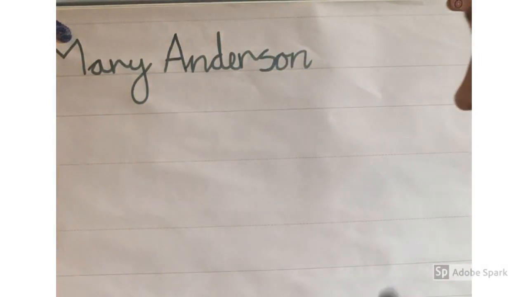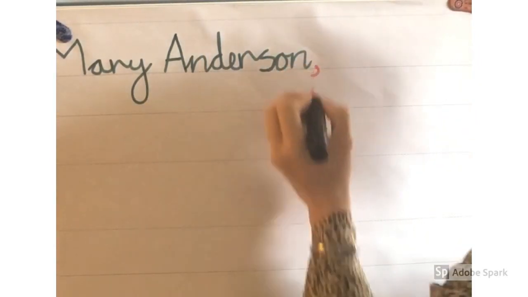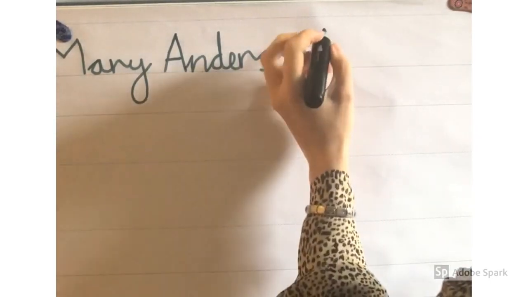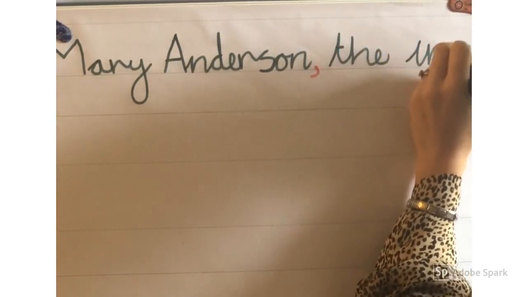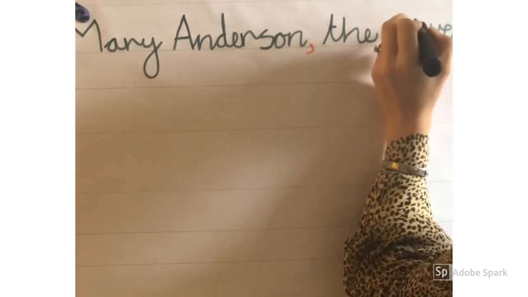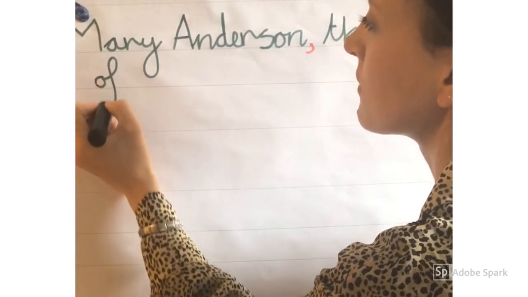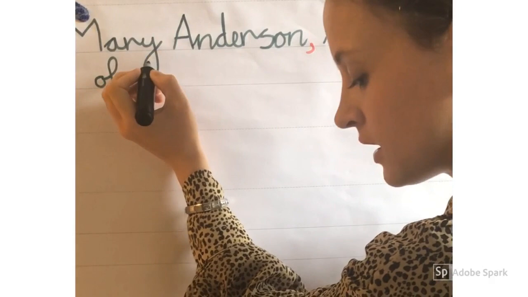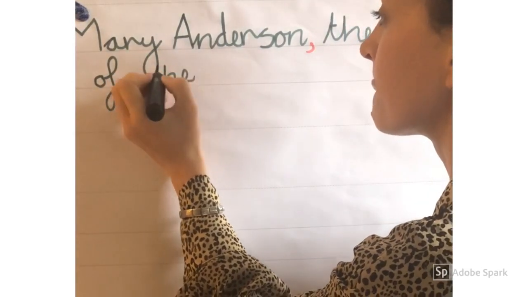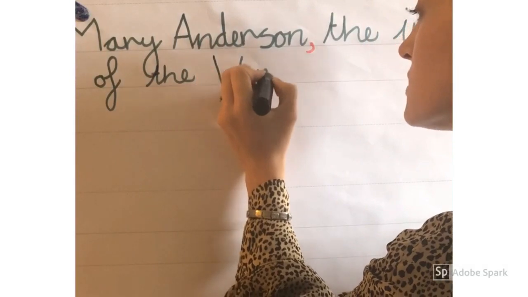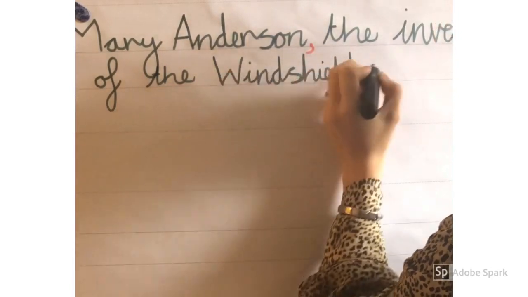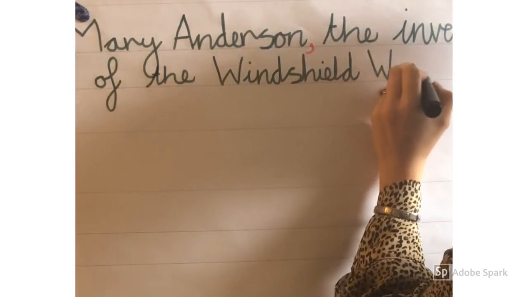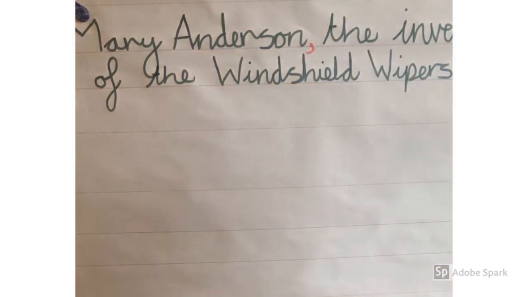I'm going to put a comma because obviously that's who we're talking about, and I'm going to say that she was the inventor of the windshield wipers. So I've got my title, and it tells you who you are going to be reading about.